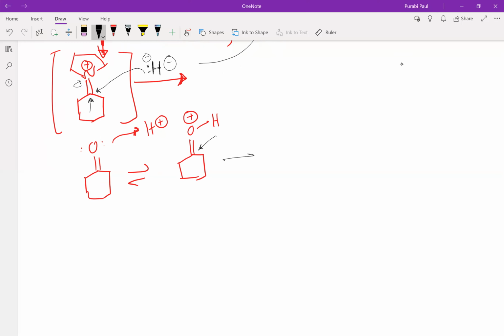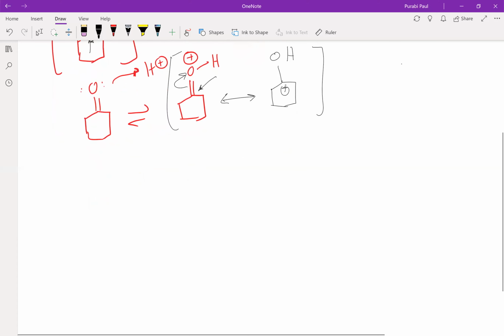When you protonate a carbonyl group, you make this carbon even more electrophilic. The reason is, if you draw the resonance structure, you will have literally a positive charge on that carbon. That's what makes it so electrophilic. Now that you've made it more electrophilic, the nucleophile can come and attack with ease.